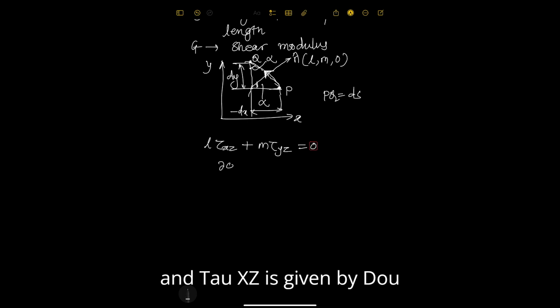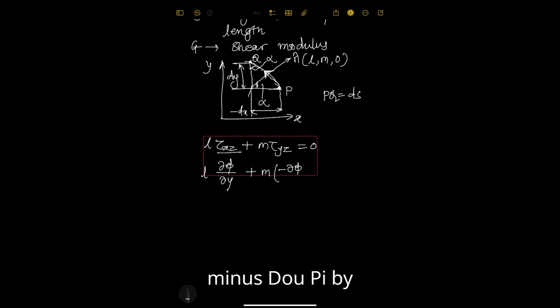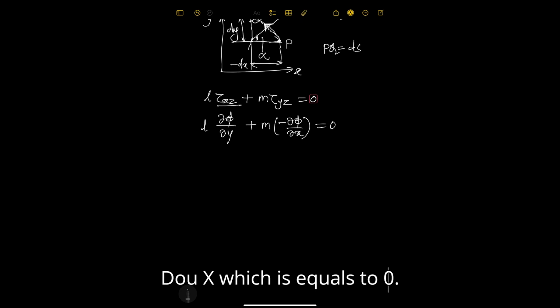And tau xz is given by dou phi by dou y, plus M into minus dou phi by dou x, which is equal to 0.